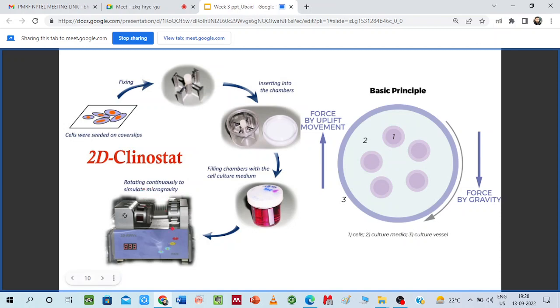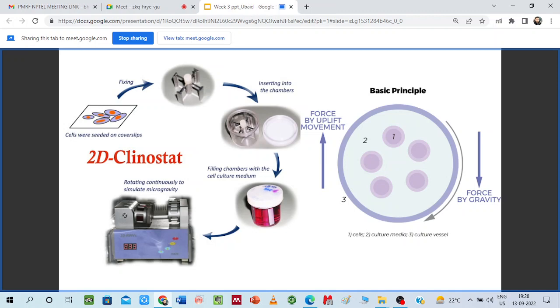Here, when we culture the cells in normal conditions, they are exposed to gravity, as every cell in our body, or the cell culture, whatever the species is, they experience the gravity that's present on the earth. And when we culture the cells, they also experience the same gravity.